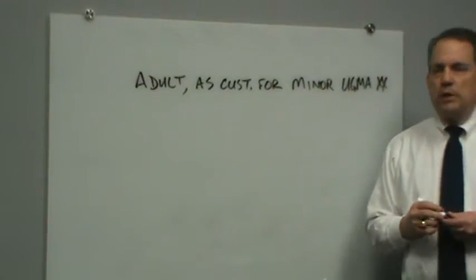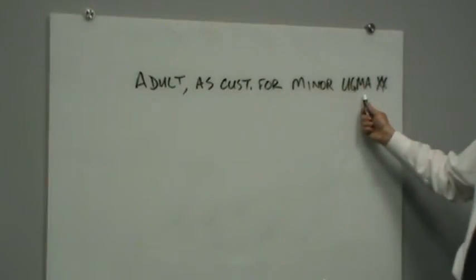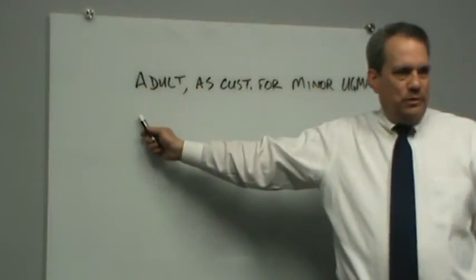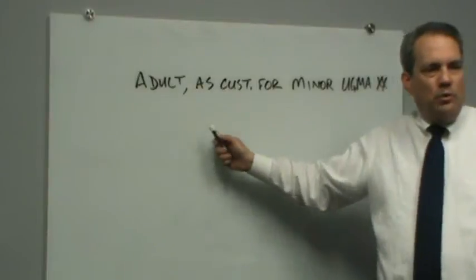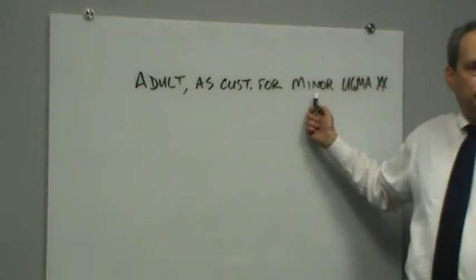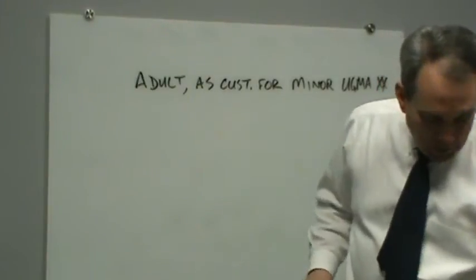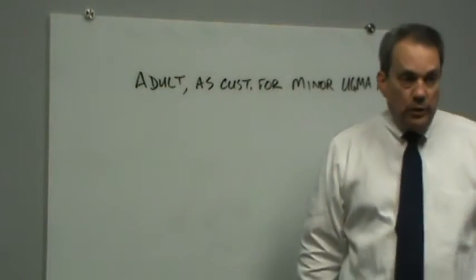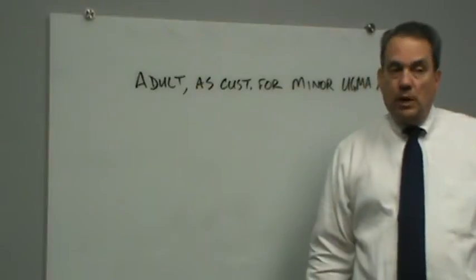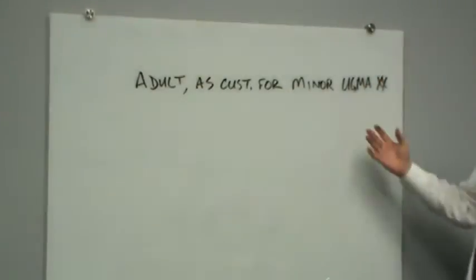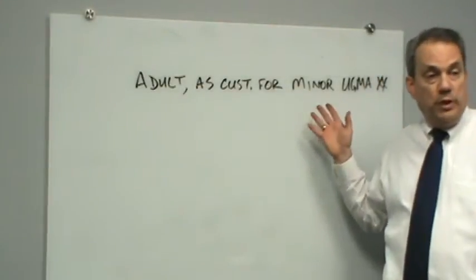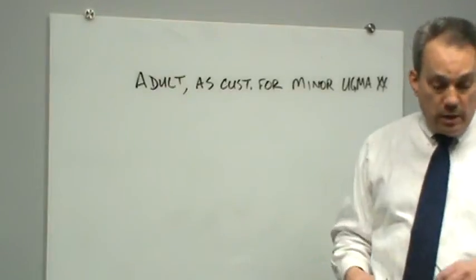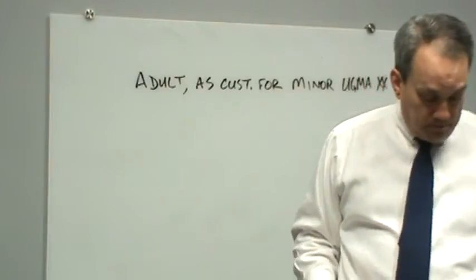So this gives that person the right to own on behalf of whoever's going to get it. That's the way they're titled. You cannot have joint custodians. You can't have a successor, not joint. You cannot have joint minor ownership or beneficial ownership. One adult, one minor per account.